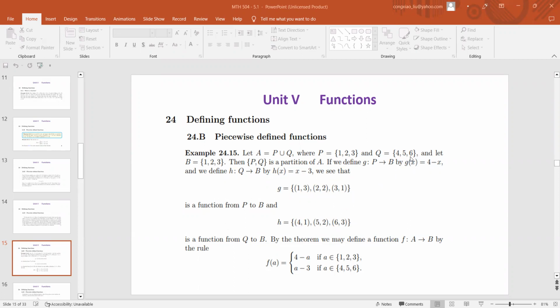And when X equals 6, H of 6 equals 6 minus 3, so that's 3. So the third ordered pair is 6, 3. That's all. And if you look at the second element in the ordered pairs, there are 1, 2, 3, which are all in B. So it is from Q to B.